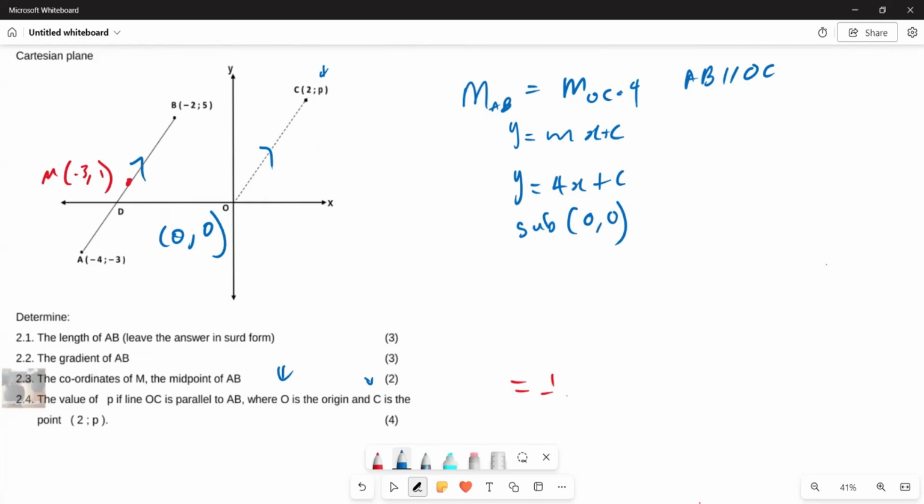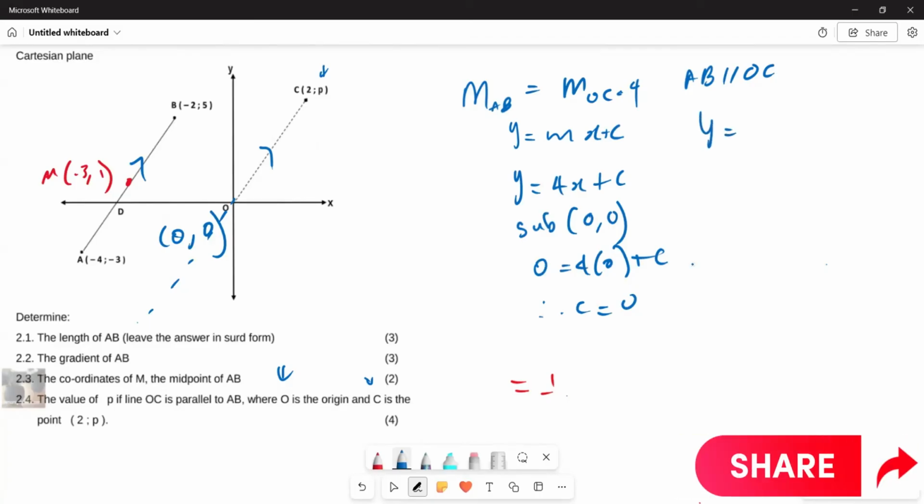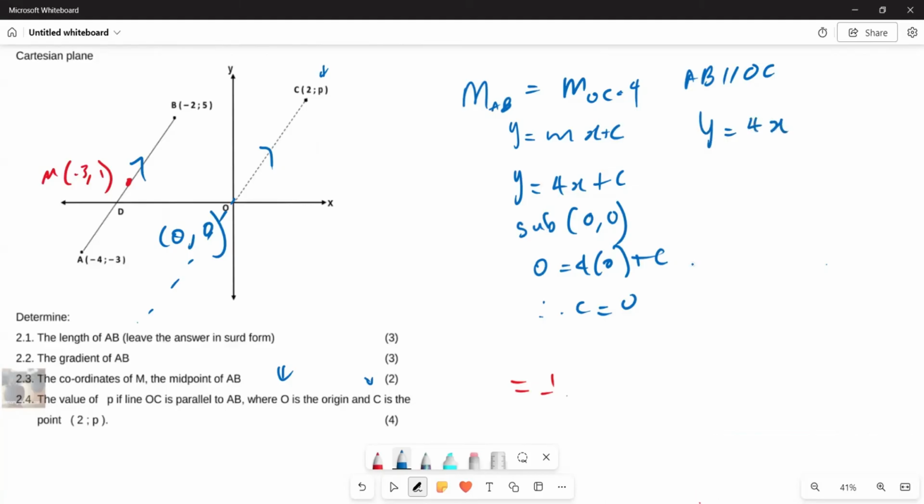And then your y is going to be 0 equals 4 into 0 plus c, which means the value of your c is 0, right? And it makes sense because this particular graph cuts at the origin, right? Where your y-intercept is 0 and your x-intercept is 0, right? And now that we have that, your graph is given by the equation of the line y equals 4x altogether.